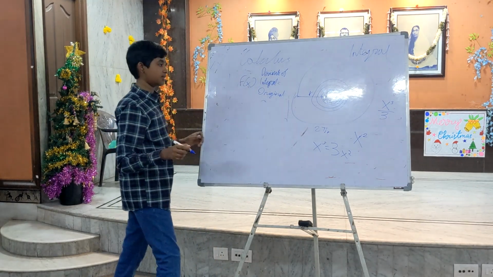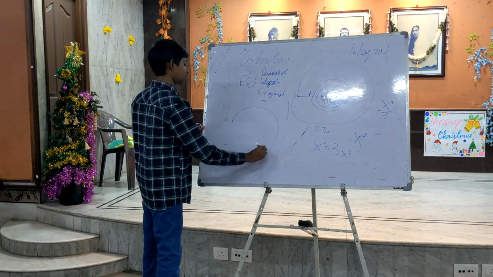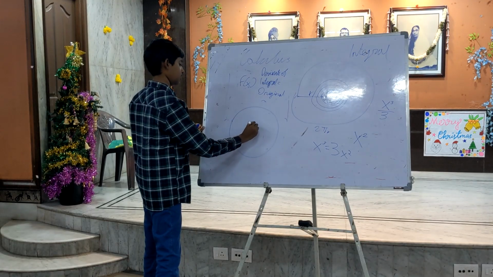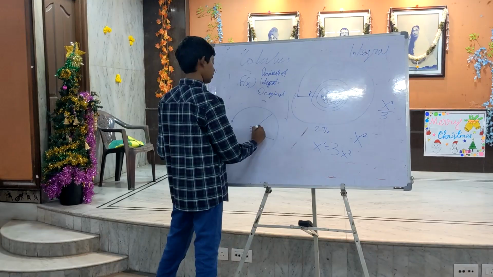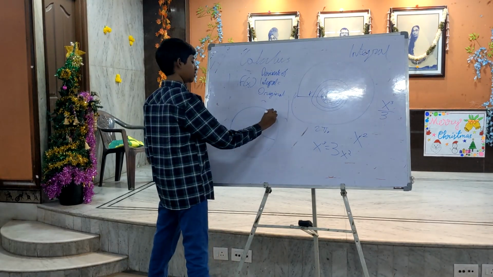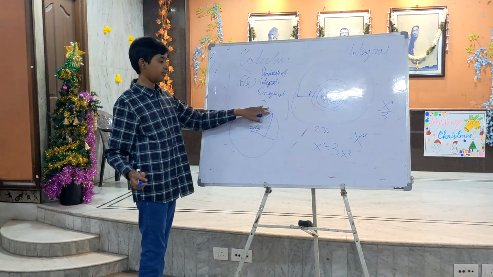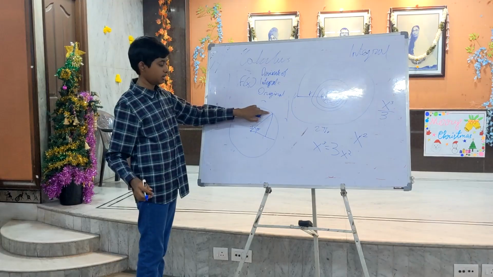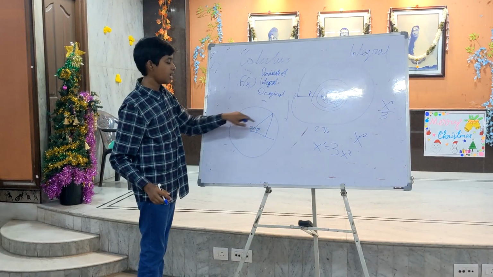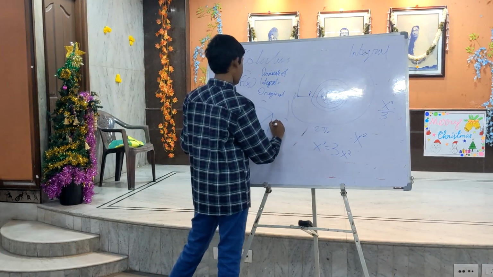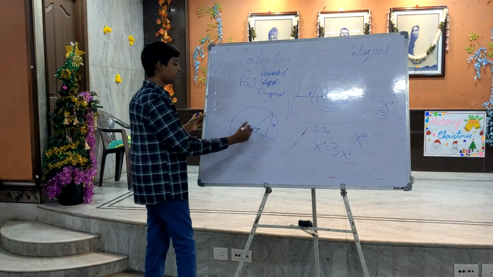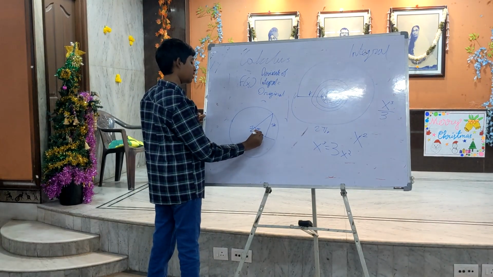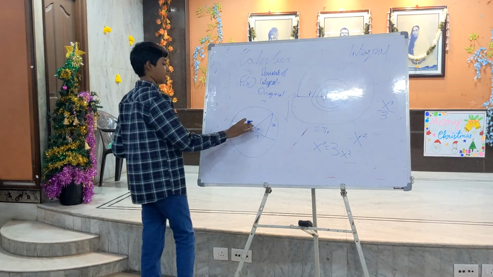If you have a circle with radius 1 and you take some angle from it, this angle theta, then this goes on to this point. Now, the height of this point is defined to be sine of theta, sine of the angle. And the length of this point is defined to be cosine of the angle.